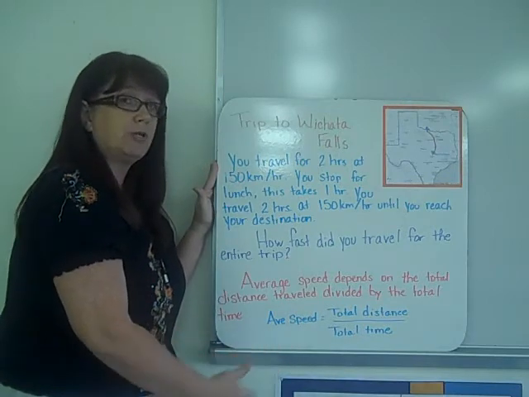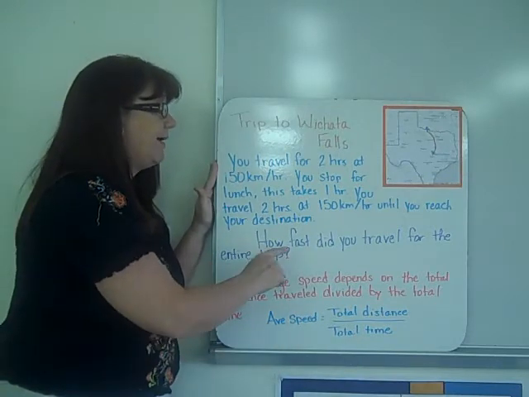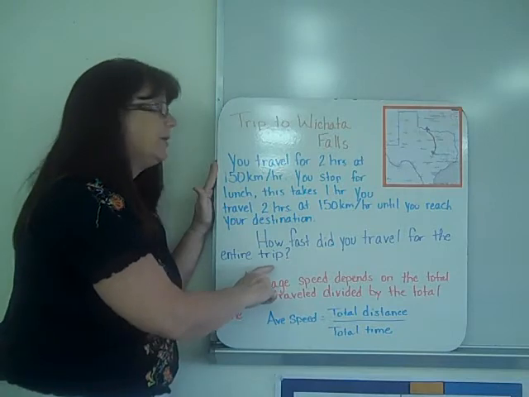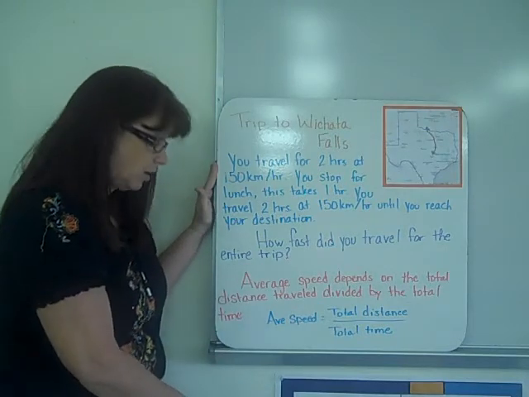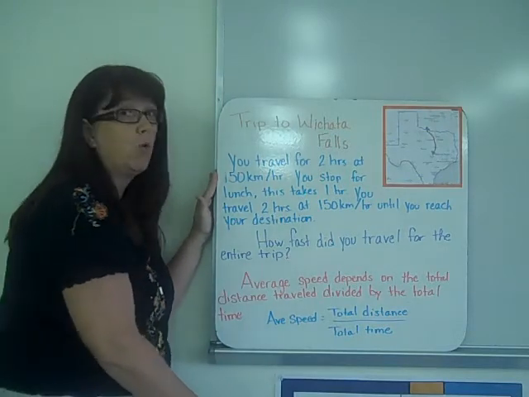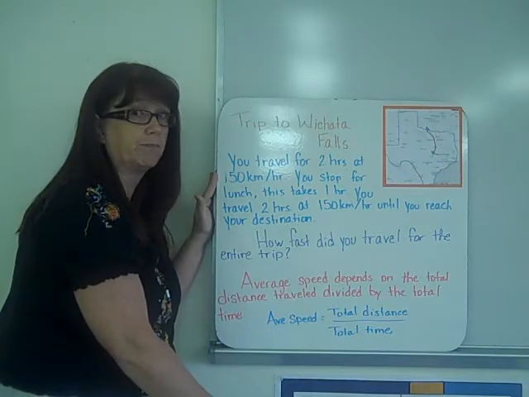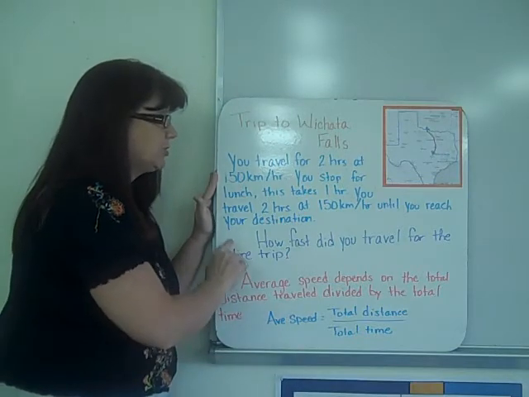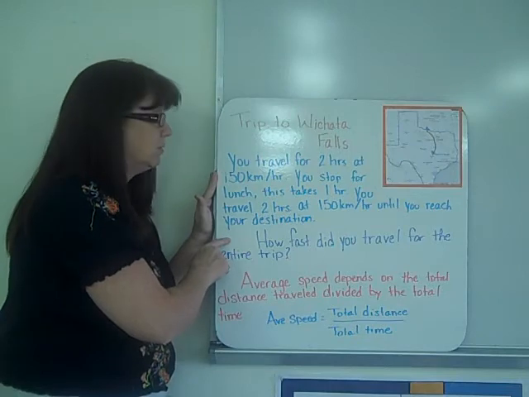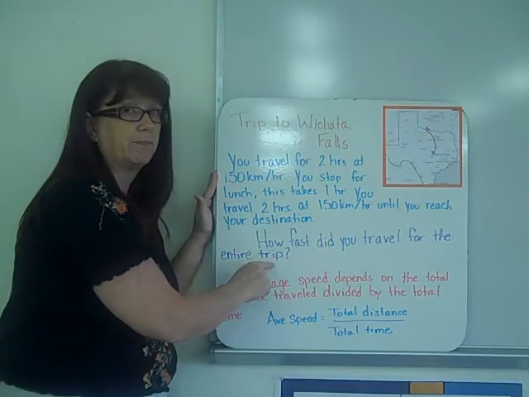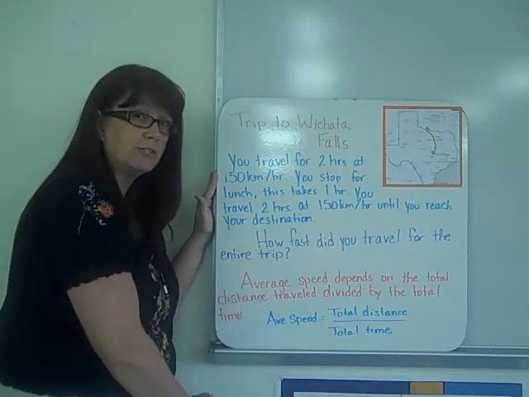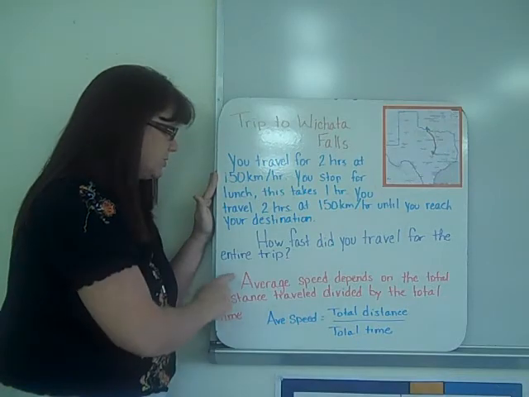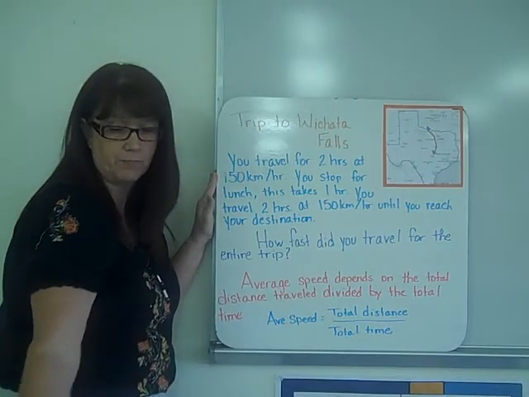But now I want you to answer the question, how fast did you travel for the entire trip? Our question before was, what speed did you travel? Now I want you to look at how fast did you travel for the entire trip. So in order for us to do that, we have to calculate what's called average speed.